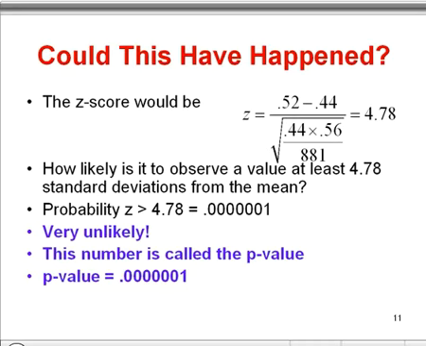It is extremely unusual. In fact, if we use the standard normal calculator, we could determine that the chance of arriving at a z-score this large is almost 0. And that is exactly what we will do on the next slide. And this probability is called the p-value.